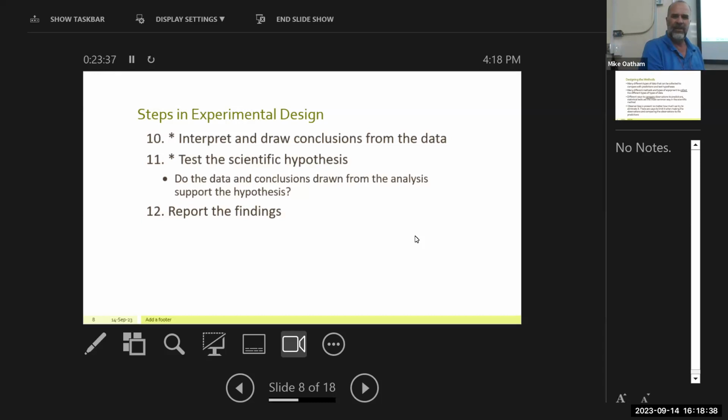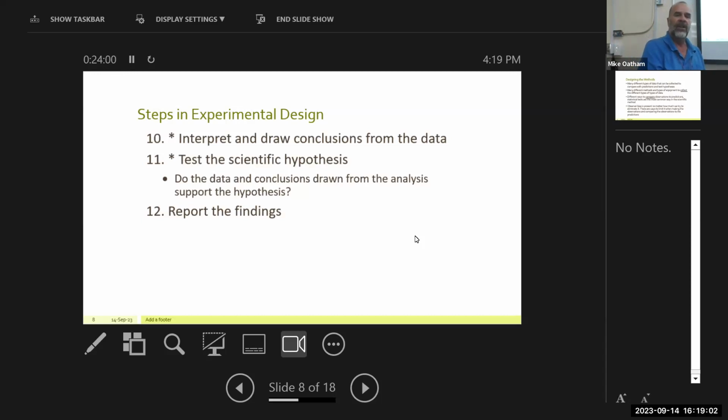I think we test the scientific hypothesis back in step 9, but in this particular case, the idea is that we test the predictions, and then we formally say the hypothesis is accepted or rejected. And then finally, we report the findings.